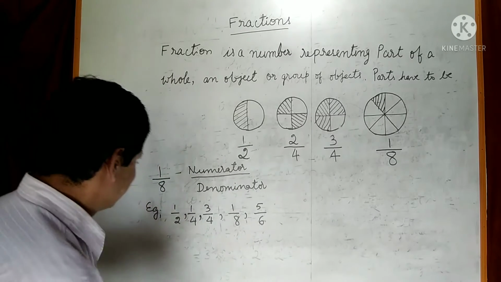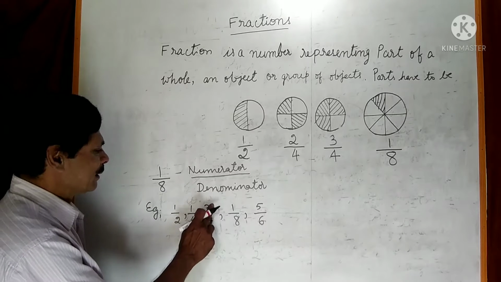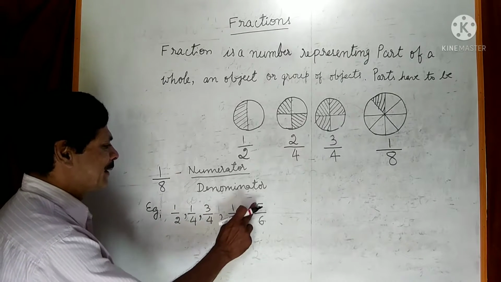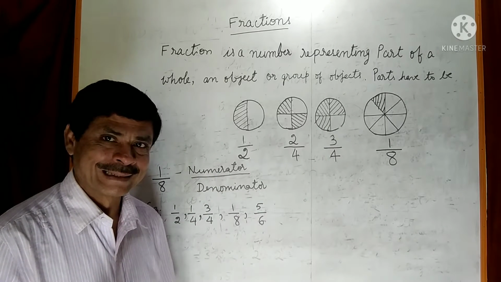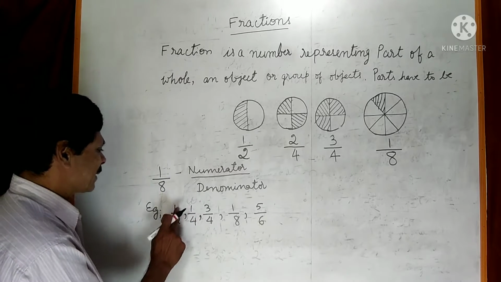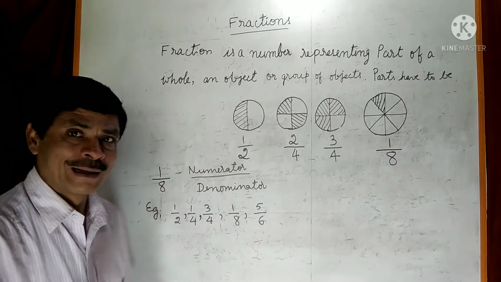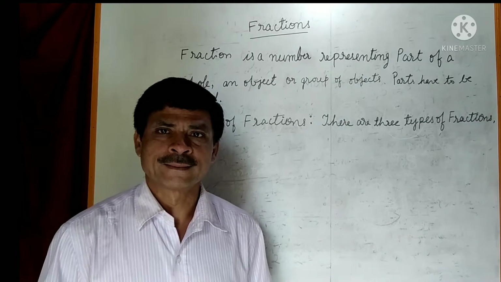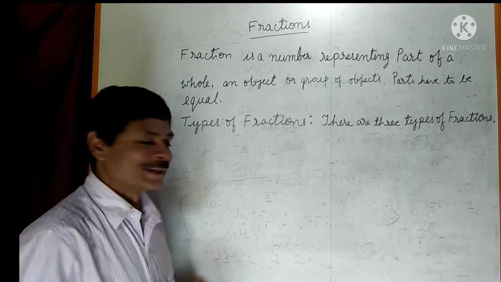For example, 1 by 2, 1/4, 3/4, 1/8, 5/6, all these are fractions. The numbers written above the line are numerators, and the numbers written below the line are called denominators. There are 3 types of fractions.